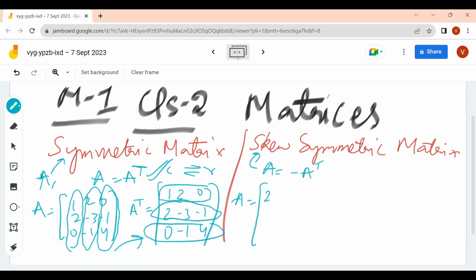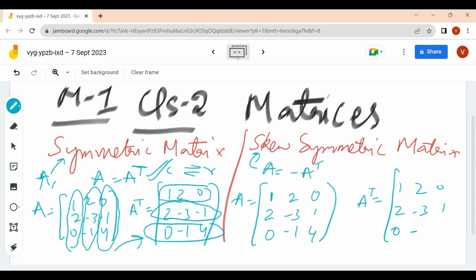Yes, the same example we can take. If I take 1, 2 and 0, the same numbers, but my A transpose is similar to this one.